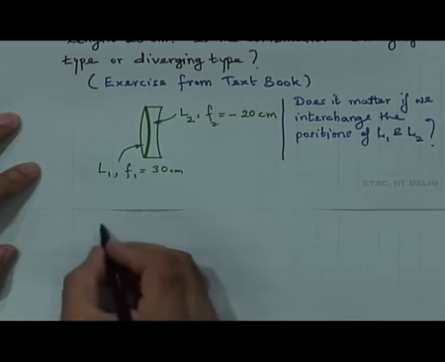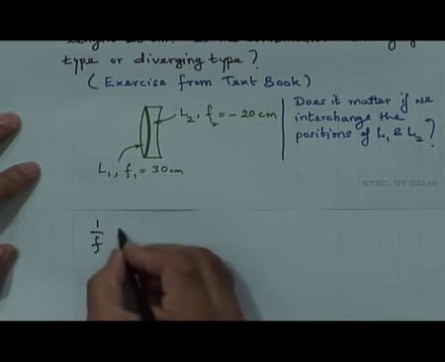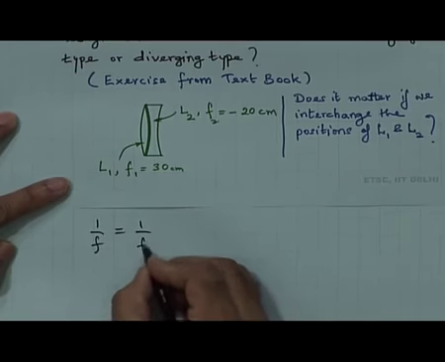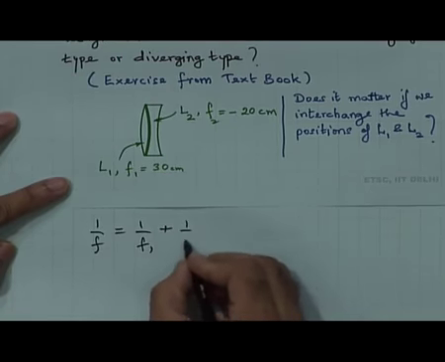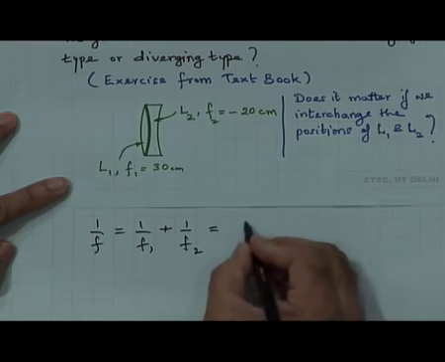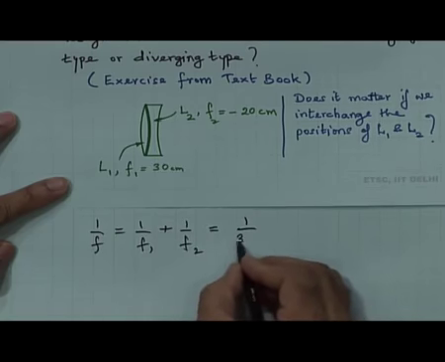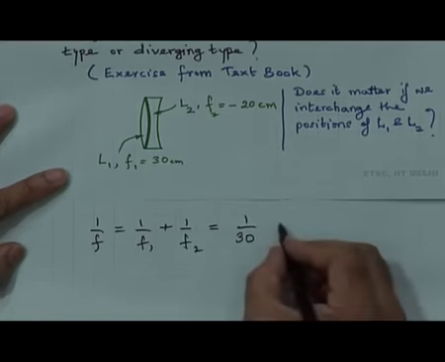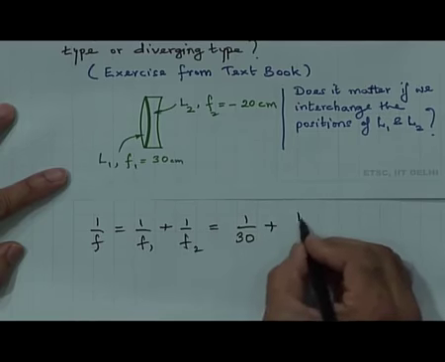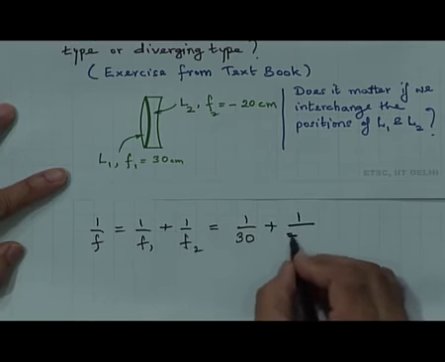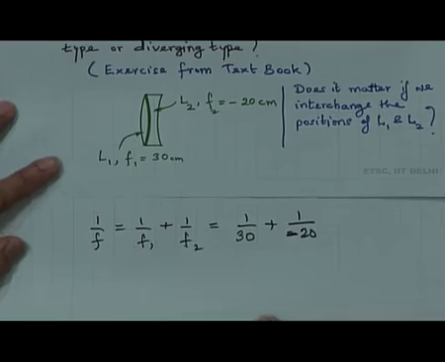So, 1 over f is equal to 1 over f1 plus 1 over f2, which is equal to 1 divided by 30 centimeter, the first one, plus 1 divided by minus 20 centimeter.